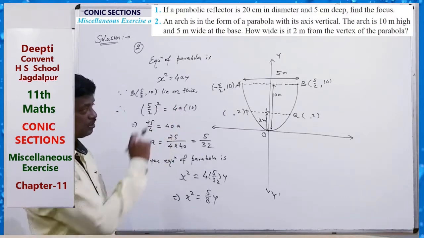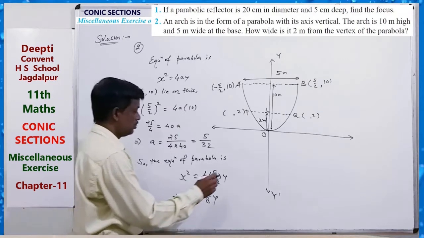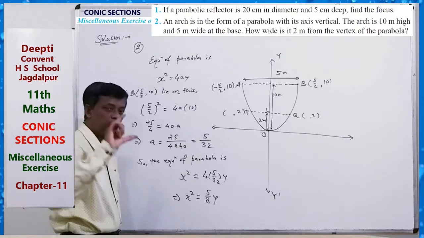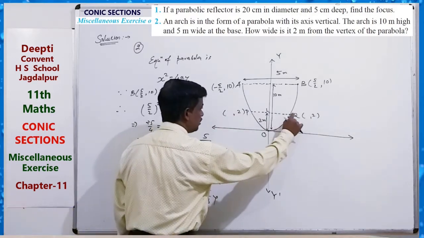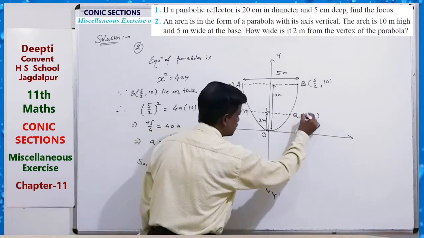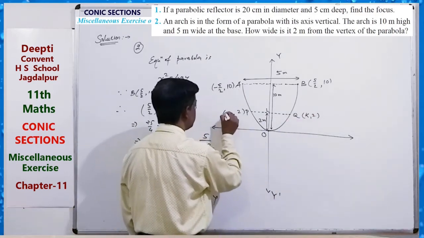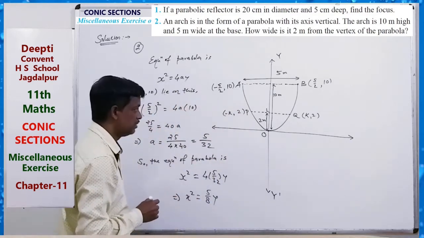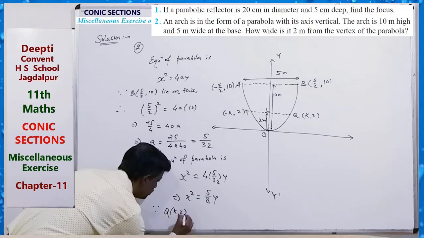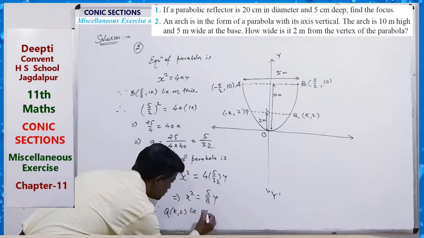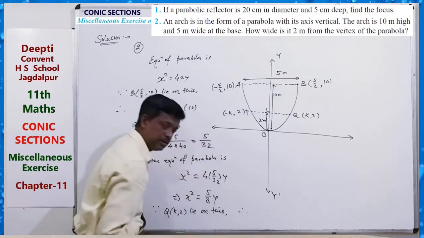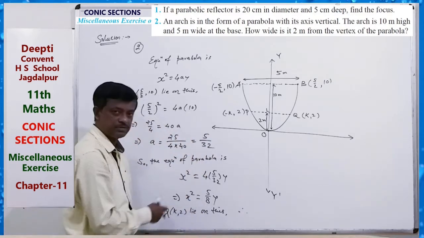If we put y equals 2, because on this line here and here y equals 2, suppose this is K, then this will be minus K. Since Q (K, 2) lies on this, therefore (K, 2) will satisfy this.